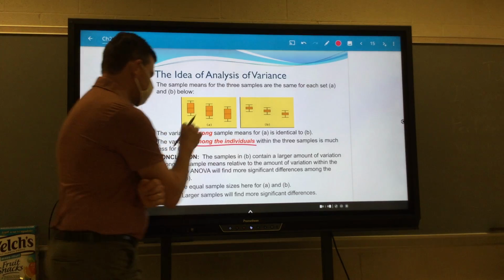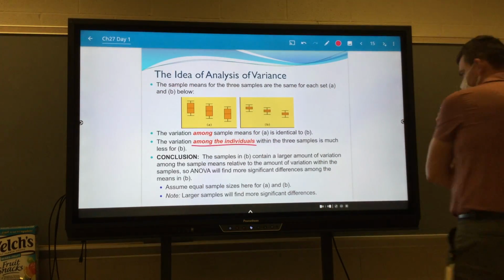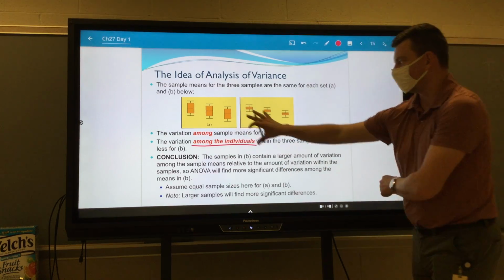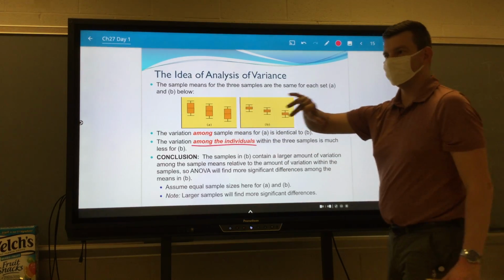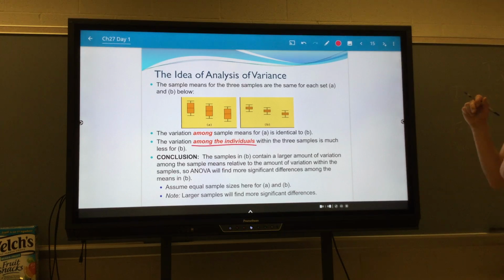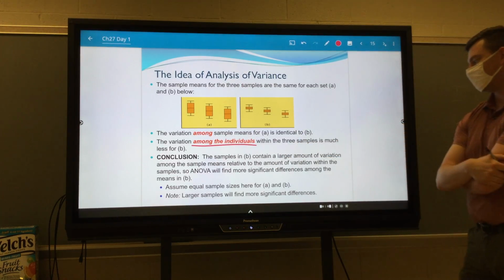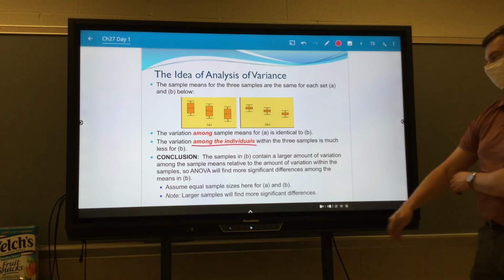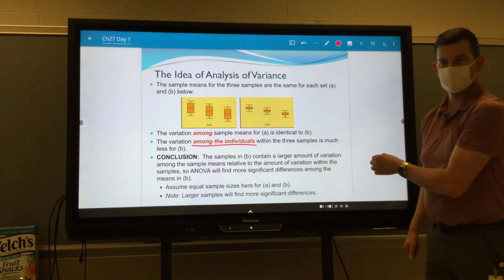So our conclusion would be, if we were to perform a test of ANOVA on A and on B, because the samples in B contain a larger amount of variation among the sample means relative to the amount of variation within the samples, ANOVA will find more significant differences among the means in B.